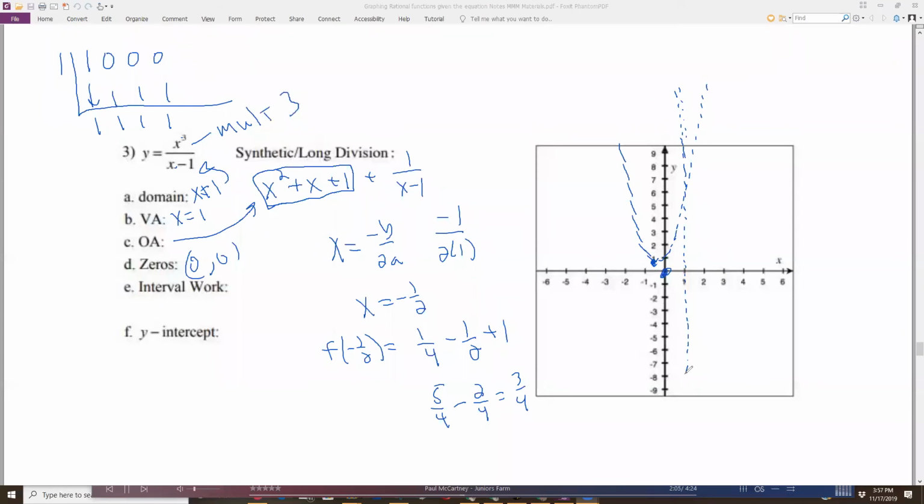So here, let me go to red ink. This has to follow that asymptote and wiggle through that 0. Actually, I don't know why I'm making it dotted, because this is the actual graph. It's going to wiggle through that, and then it's going to follow this parabola.